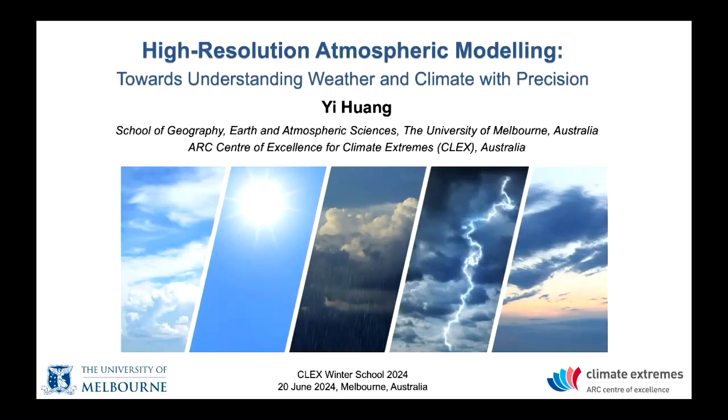But over the past 10, 20 years or so, with technology advancement, the computational limitation is starting to fall away. And we're entering into a new era where a new model quality, a modeling framework that can be run at high resolution, is becoming more and more commonly used. So today I will take this opportunity to bring you to this high-resolution modeling world, to show you how this powerful tool has been transforming the way we study weather and climate.